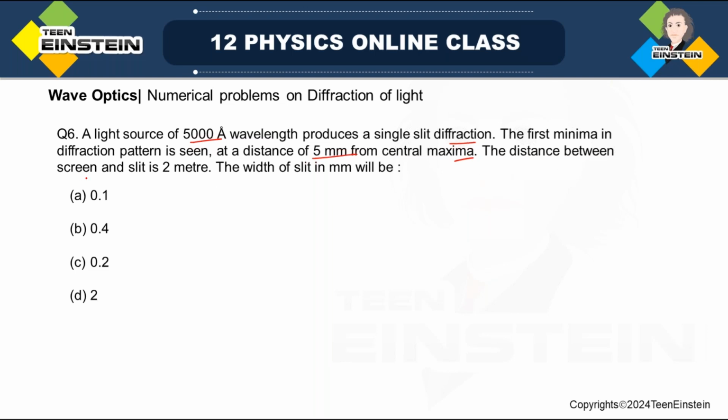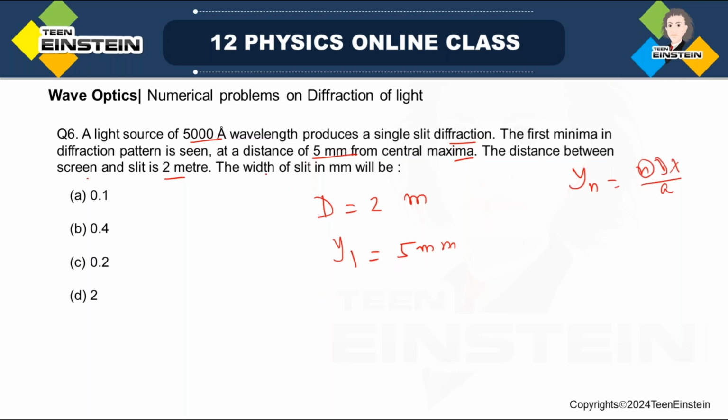The distance between the screen and the slit is 2 meter, so d is given as 2 meter. The first minima is seen at y1, given as 5 millimeter. We know minima will occur at yn = ndλ/a, and here n is 1. So from here we will get the answer.